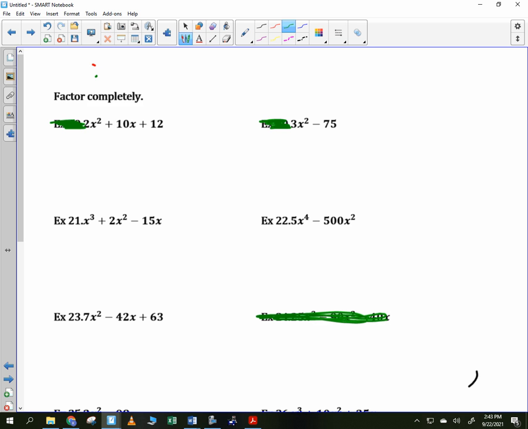Okay, factor completely. You always start by taking out the greatest common factor. Take out the 2. We take out 2, you're left with x squared plus 5x plus 6. Does that remaining trinomial factor to what?